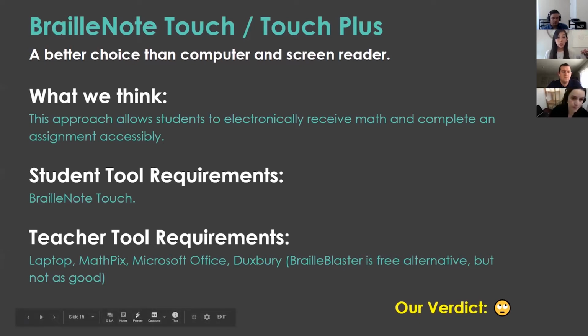On the teacher end, the teacher would need a laptop, Mathpix, Microsoft Word, and some kind of Braille transcription software, whether that's Duxbury or Braille Blaster, which we also trialed and tested pretty extensively. It's free, but of course it's not as good as paid software such as Duxbury or Braille 2000, whichever your school uses.